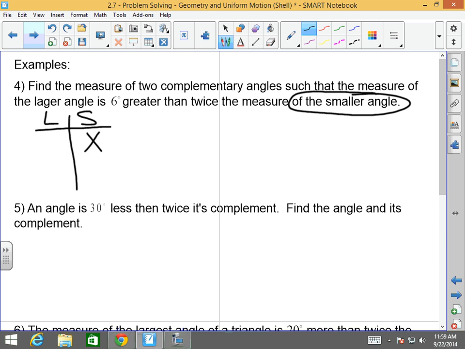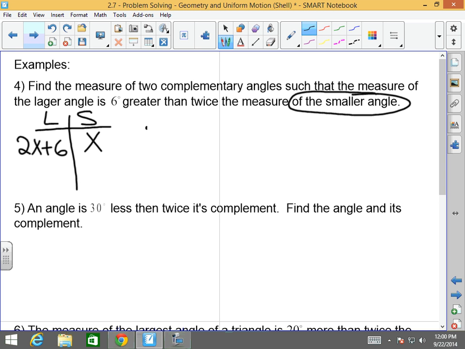What do we know about the large angle? That it is 6 greater than twice the measure of the smaller angle. So it is 2x plus 6. Now, they're complementary angles. So that means that the sum of both angles is 90.